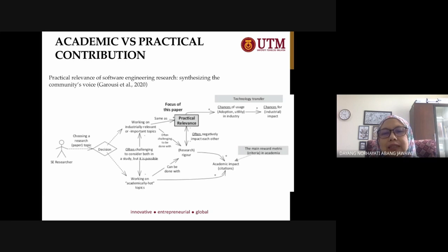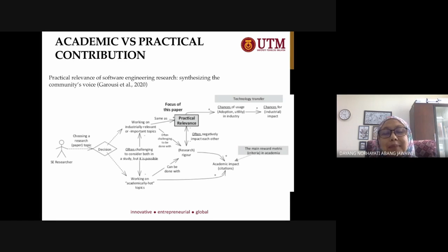If you focus with academia, the impact will be with a publication, with citation, because you are doing something new. Industry have not tried yet. So everybody want to have a look at your paper, just to have a look the possibility of implementing it in the industry. But if you're doing practical, what's so good about practical, it can be used directly.